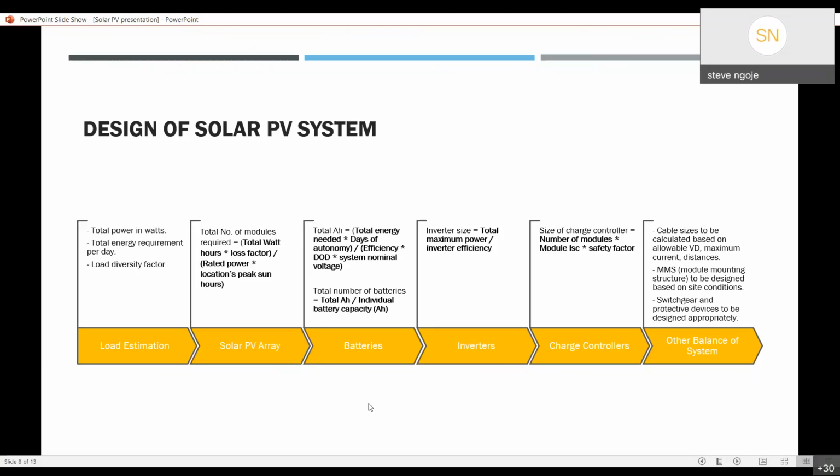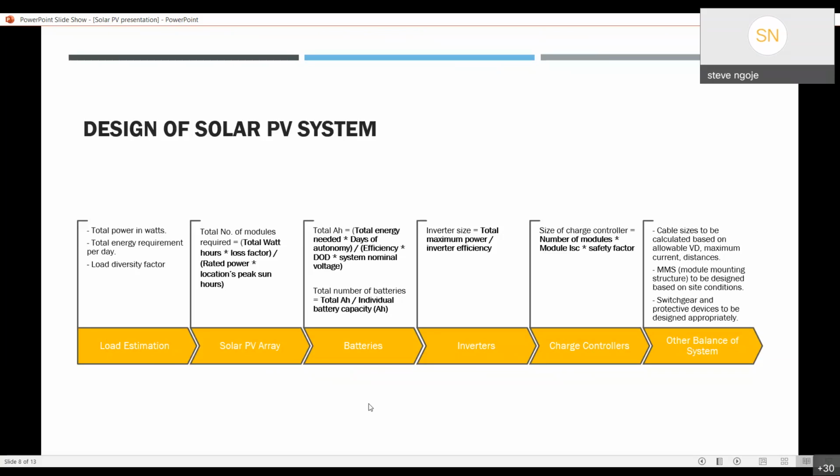You might get a number with decimal points. It's always best to round off to the next whole number if you still want to achieve your energy requirements. The fact is we want to achieve 1,200 watt hours in our example, but we need to do this within the peak sun hours.